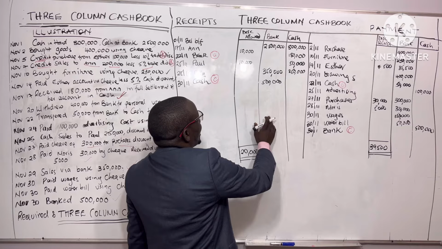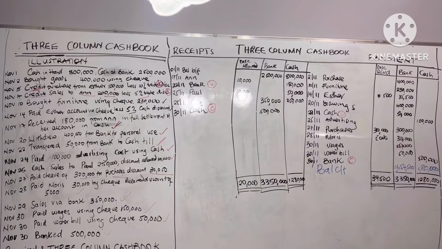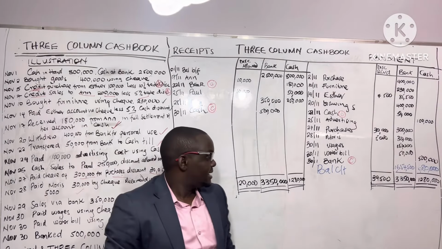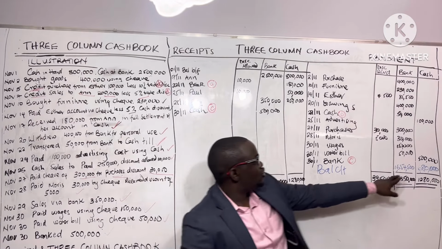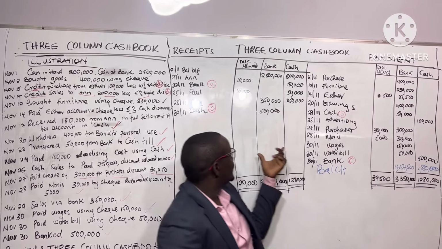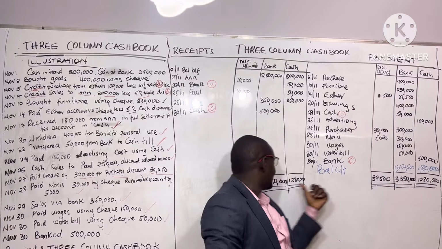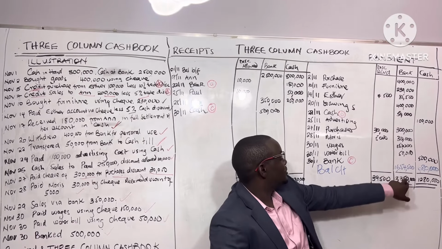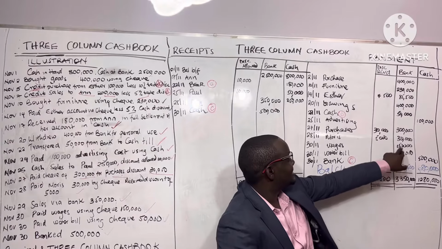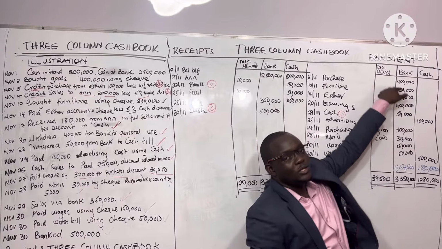Let's go to bank column. Let's see how much money we receive. Once you are done getting the totals here, you compare this side with this side. We have received 3.3 million. This is how we have used it. You take 3.3 minus all these ones.